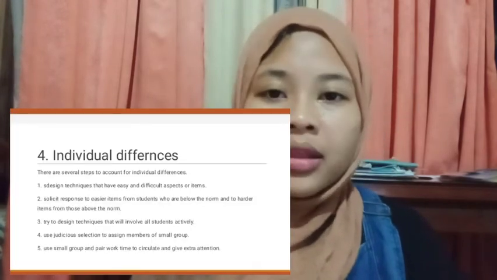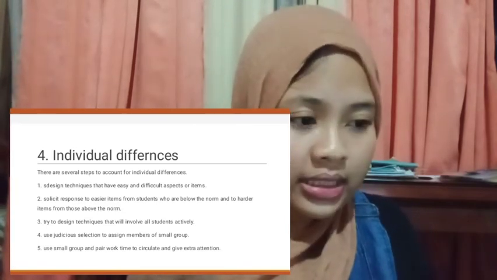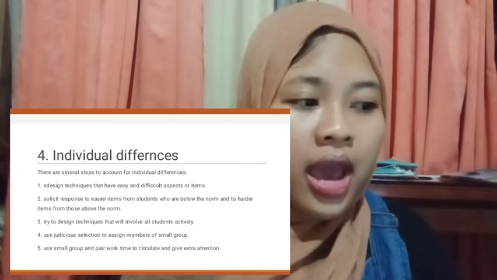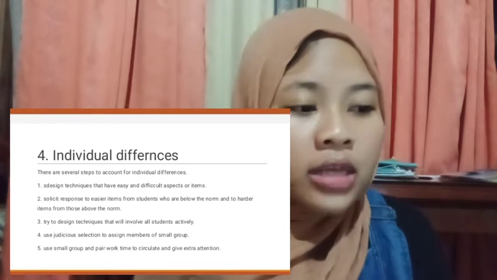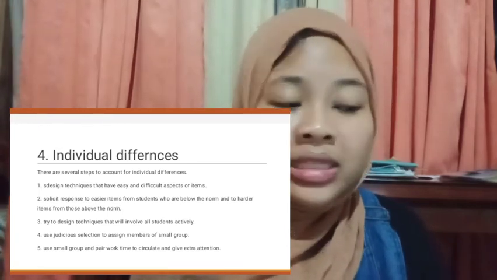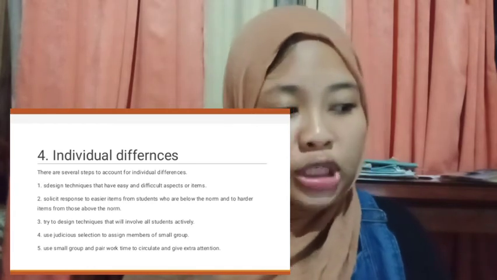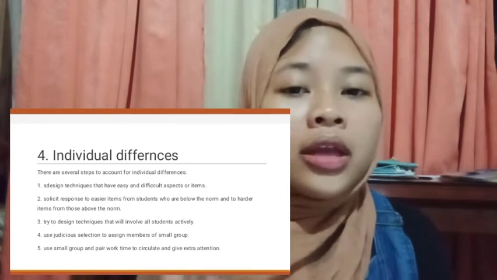And for individual differences, there are several steps to account for individual differences. 1. Design techniques that have easy and difficult aspects for all items. 2. Solicit responses to easier items from students who are below the norm and the harder items from those above the norm. 3.